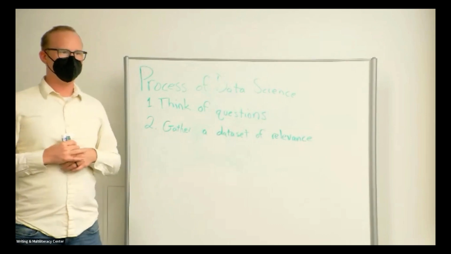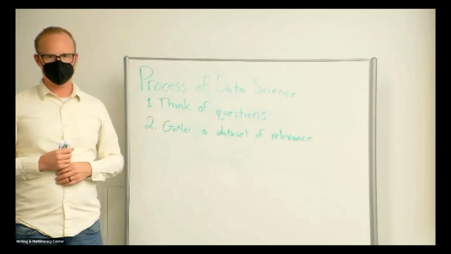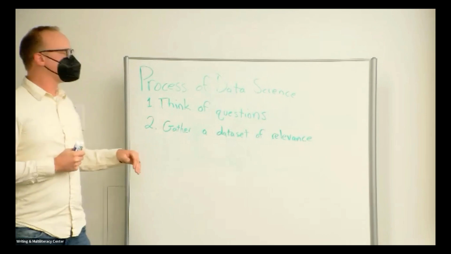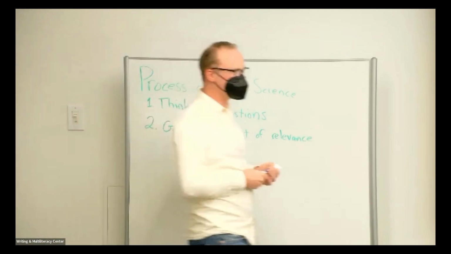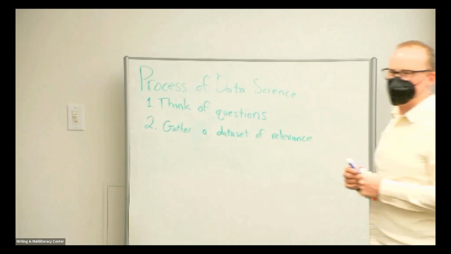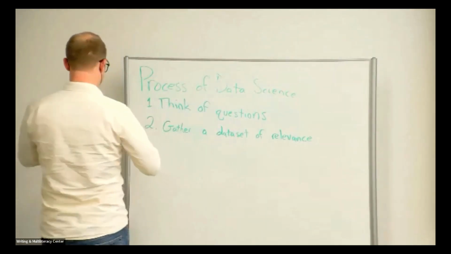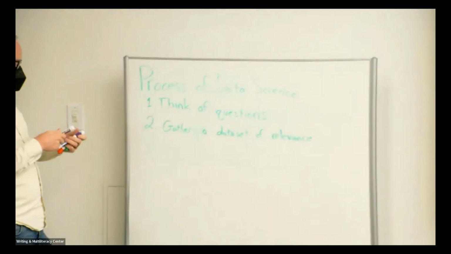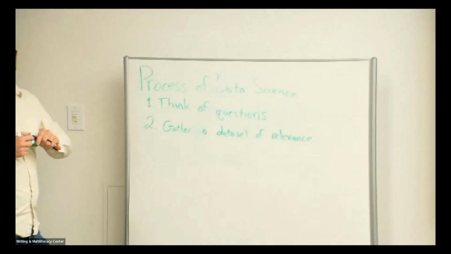And sometimes you may need to consolidate together data from a variety of different sources. So there's a lot hiding behind this step. After you have a data set of relevance, it's time to explore and clean up your data set. This is one of the first steps where you might actually use Python.